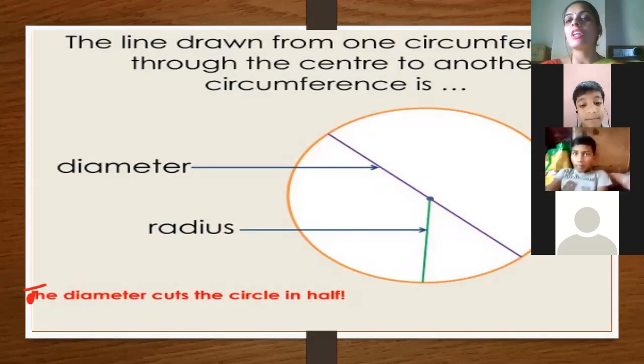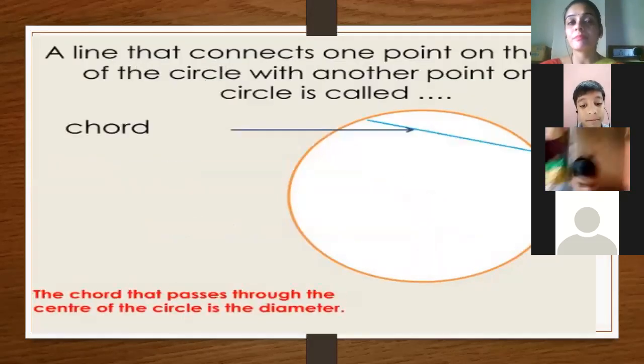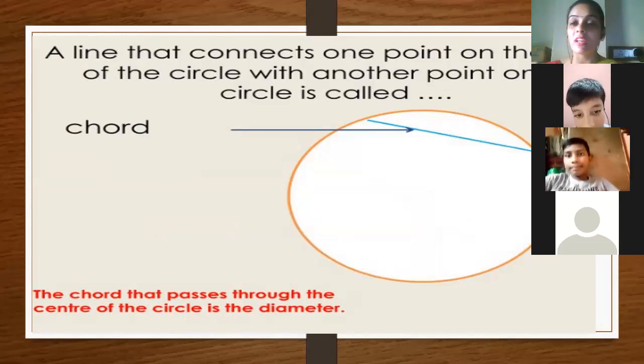Now pay attention here. We have seen that the diameter divides the circle into half, right? But now, can you see that a line from one circumference to another circumference can also divide the circle into a small portion? One is the big portion and the other is the small portion.